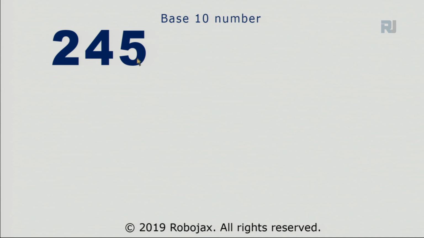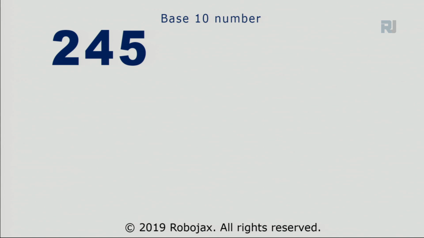Each digit goes from 0 to 9, which is 10 different values. And after that, because it's repeating, we have to add one more place and then continue. When this one reaches 9 and this reaches 9, so it will be 99, we have no more room to display, and we have no choice but to add one more, and this will be 1. So that's why we read 100.